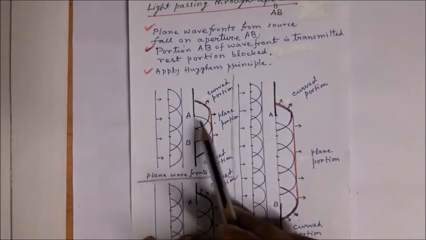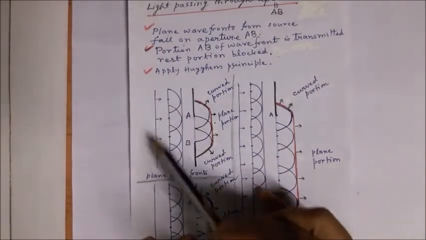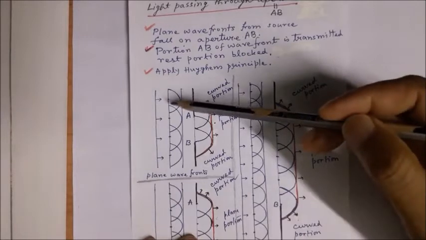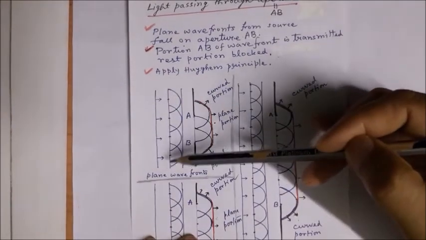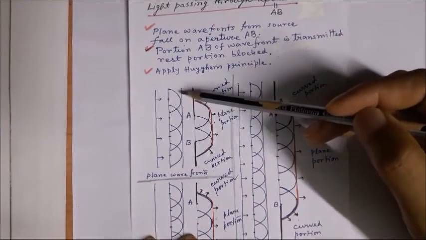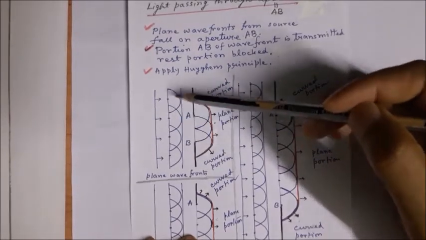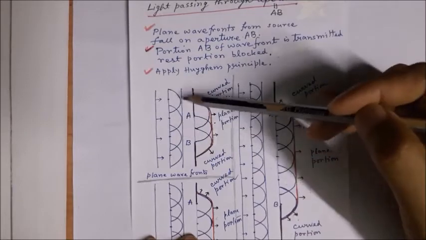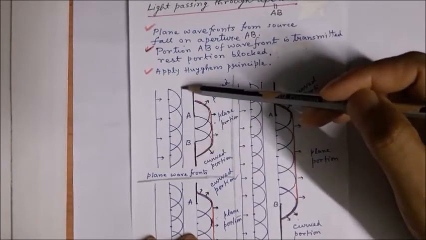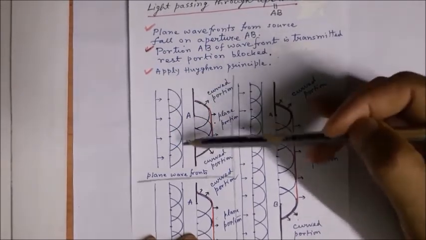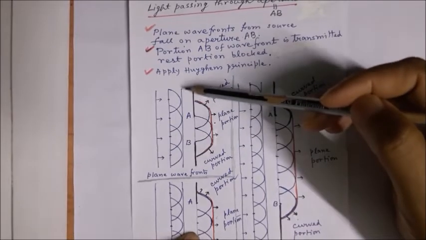This is the direction of propagation, and the wavefronts are plane wavefronts. Now this is a representative wavefront, and from this wavefront we can build the future wavefront by Huygens principle. We can draw the half spheres, and then we can draw the common tangent or envelope to get another wavefront, which is also a plane wavefront.